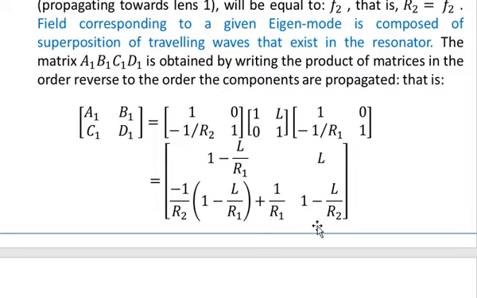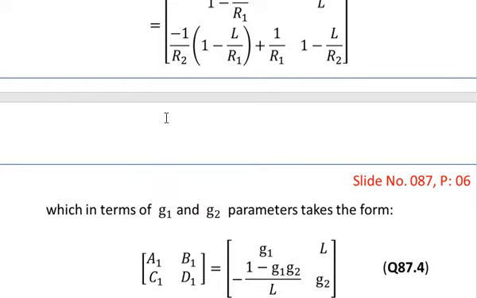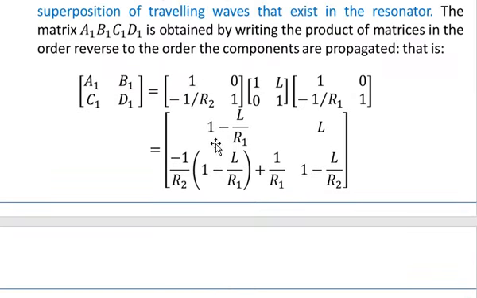And you know that, of course, this is the matrix that takes care of the propagation after the mirror 1 and before the mirror 2. And this can be represented in terms of the G parameters, that is in the parameters G1 and G2, where G1 is equal to 1 minus L over R1 and G2 will be equal to 1 minus L over R2.